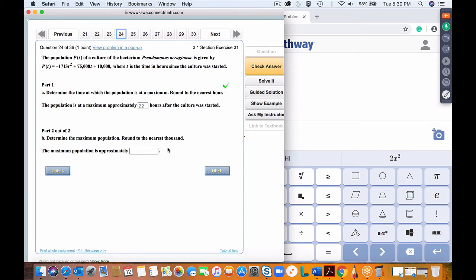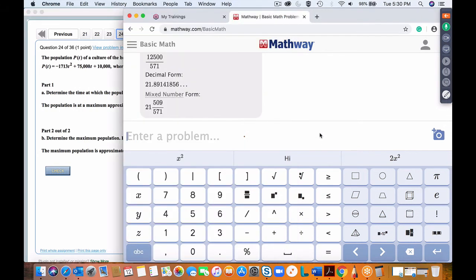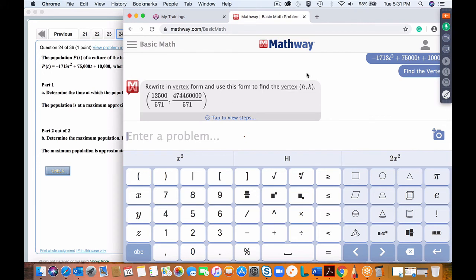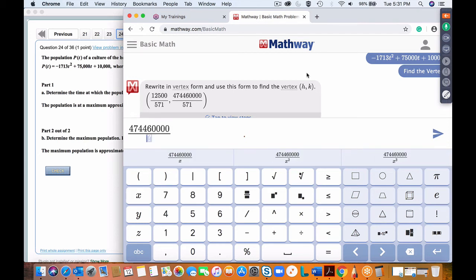You can check. Now the population is the y. That's just the x in the graph. The x represents the time, and the y represents the height of the population. So I go back here and look for the y, this big number. So I just divide the 6 and 4 zeros, 1, 2, 3, 4 zeros, divided by the same number, 571.